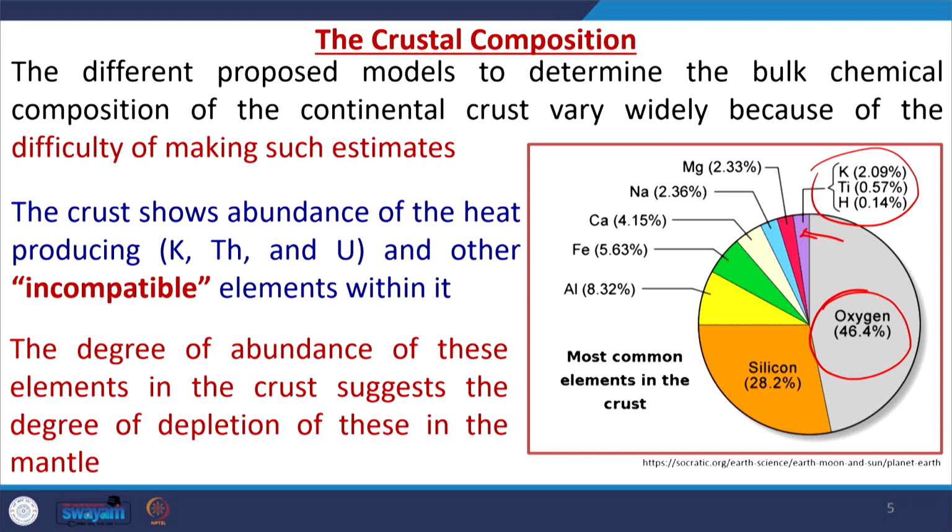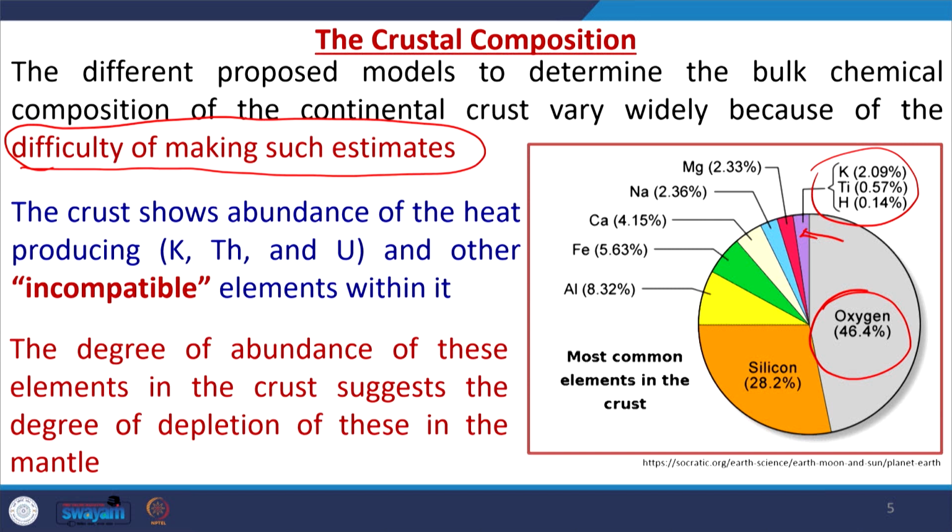Exactly what the continental crust is from top to bottom is difficult to define precisely, because there are certain uncertainties in each and every model. However, there are some models which are acceptable, though still there are certain difficulties.